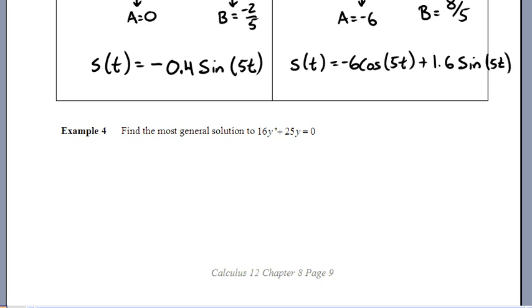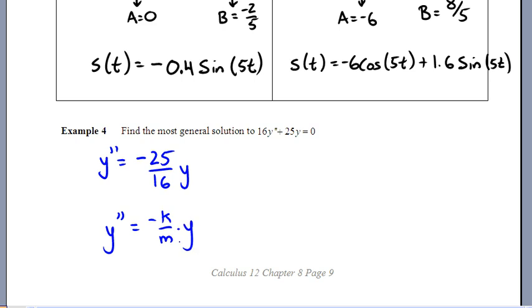So I would rearrange that, and I would say, okay, y double prime would be equal to, moving that 25y to the other side, I'm going to have a -25 on top of 16 times y. So this kind of has a feeling of like a negative k over m times the y.